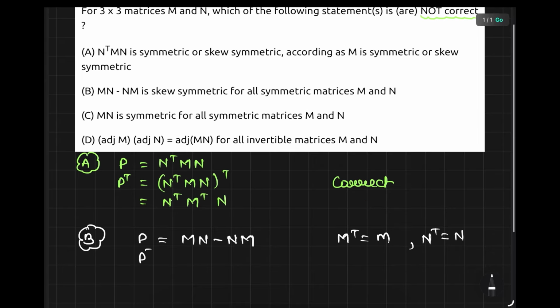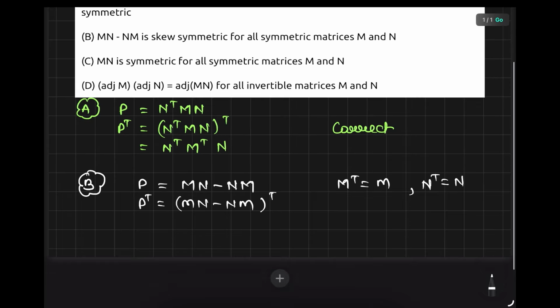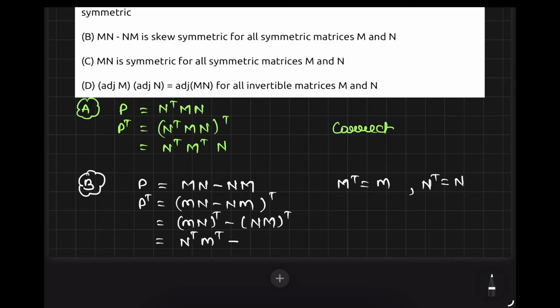To prove symmetric or skew symmetric, we have to take transpose. So MN minus NM whole transpose. While dealing with addition, we don't have a problem: MN transpose minus NM transpose. While in a product, the sign changes, so can I write N transpose M transpose minus M transpose N transpose?